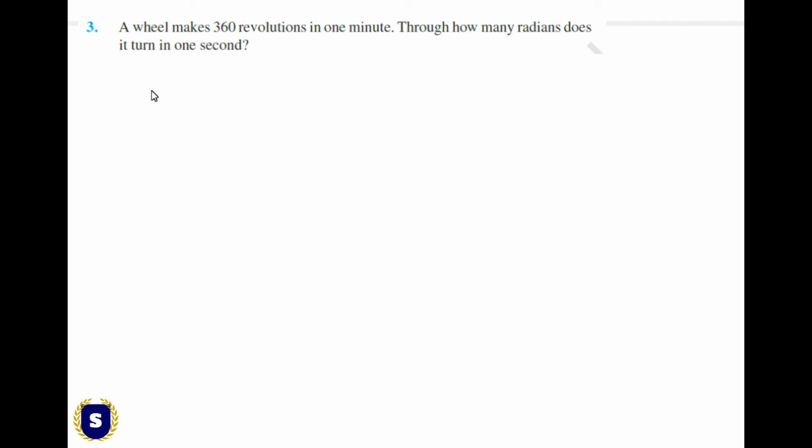It's making 360 revolutions in 1 minute. So number of revolutions in 1 minute, it is 360 revolutions, right? Or if we want to convert this into degrees first, or say radians first, okay, let's convert it into radians directly, okay.